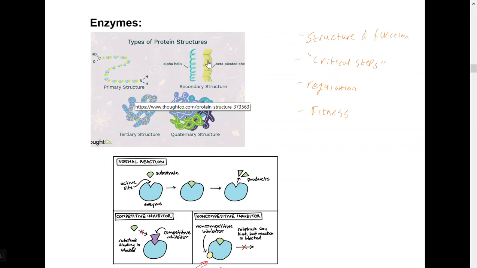Or they could make like the folded sheet pattern. It's not super important to know these specifically. What's important is that when you have a bunch of amino acids, because of how they interact chemically, right? Some are nonpolar, some are polar. They all have different properties. They form different structures, right?